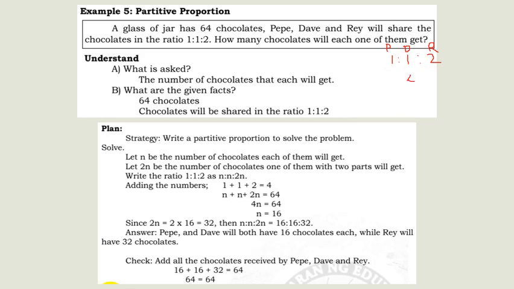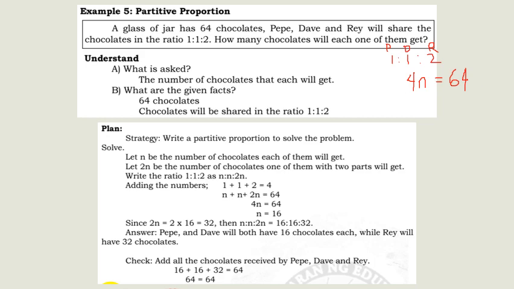So, meron tayong 4 na parts. So, lalagyan na natin siya sa tabi ng n. Kasi ito ay isang n plus dalawang n is 4n. Tapos, i-equate lang natin siya sa ilan ang total ng chocolates? 64. So, ngayon, hanapin natin yung value ng n.